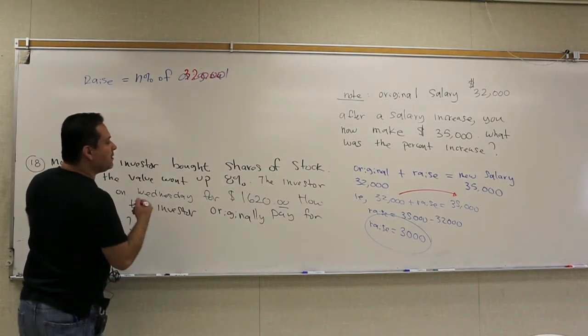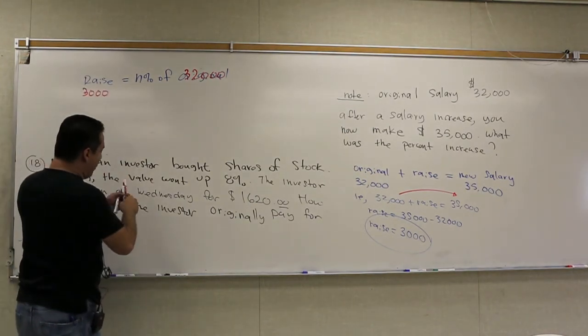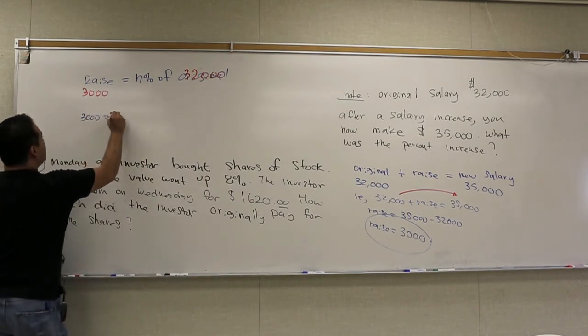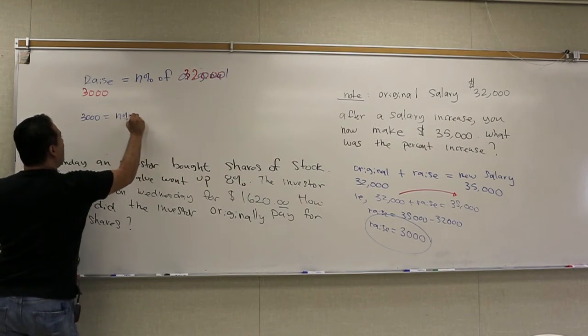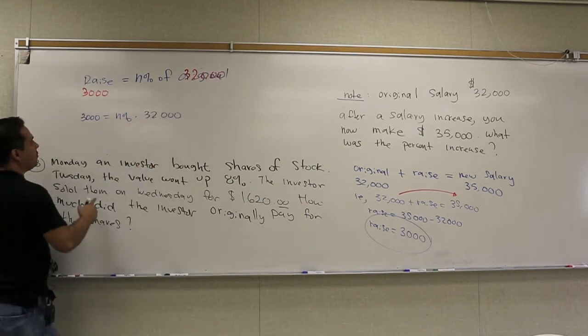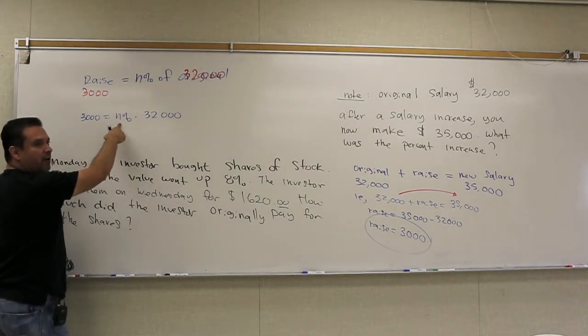And how much was your raise? $3,000. So you have an equation here that says 3,000 is n% of 32,000. So I solve for this, just like that n%. This is just like your certain type of percent questions.